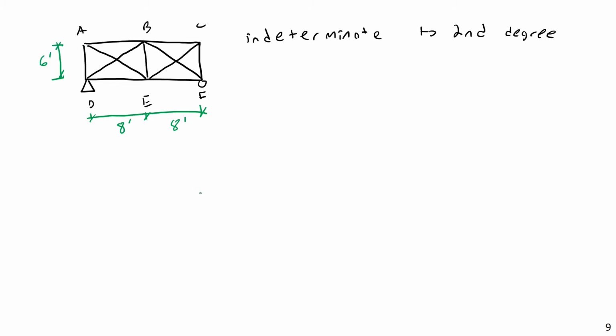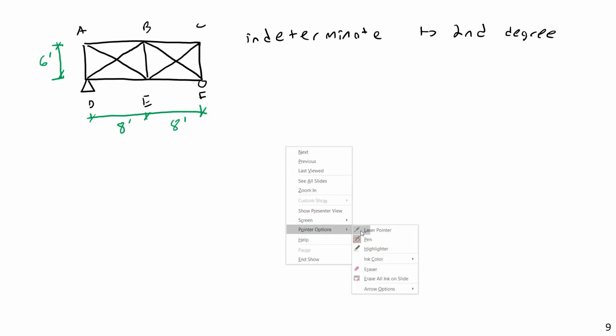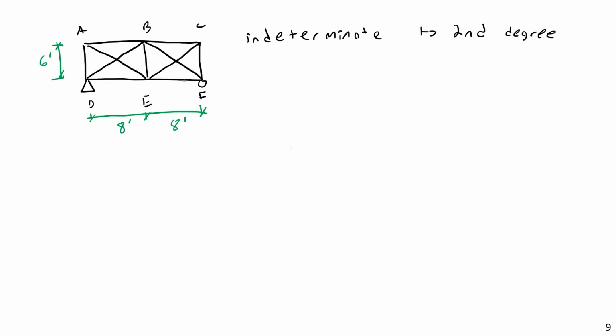Then let us also say that there is a load applied at B, a 20 kip load downward at B. So that in turn means that I would have reaction forces of 10 kips and 10 kips at both F and D.